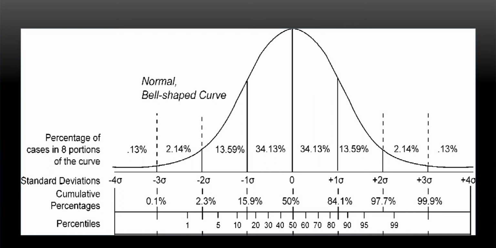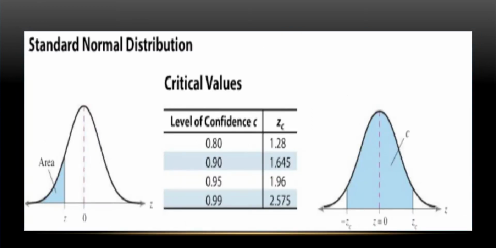If you take the probability area between minus 2 sigma to plus 2 sigma, you will have about 96% of the probability. In the case of minus 3 sigma to plus 3 sigma, you have almost 99% of the probability lying within this region. Now, let us see another critical diagram.